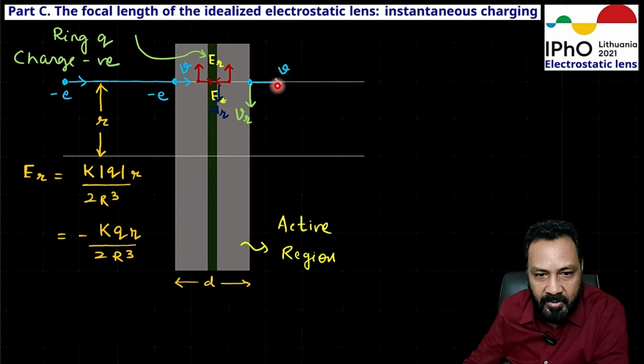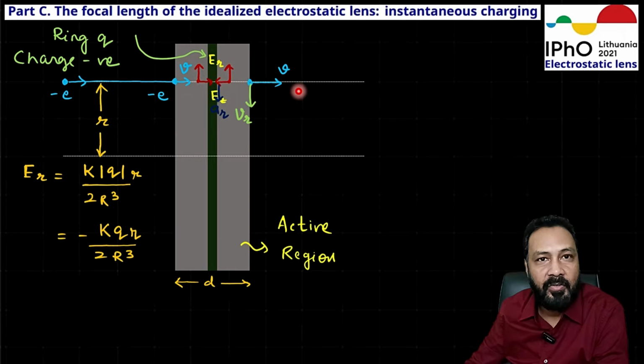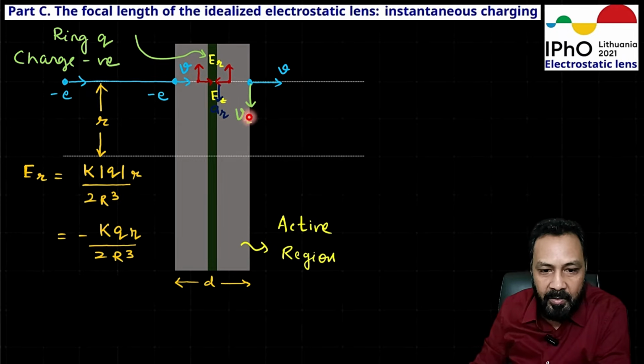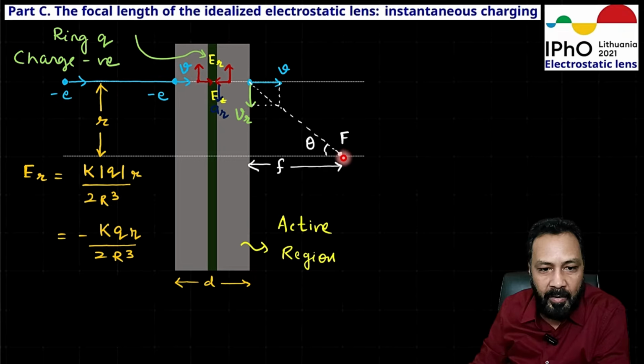This velocity will remain intact because the net effect of the Z component of the electric field is 0. So when it is leaving the active region, it also has the downward component of velocity. The net velocity direction would be something like this, and because of that the electron beam will come here. There is not just one electron, there will be some here too, so all would be focused here.